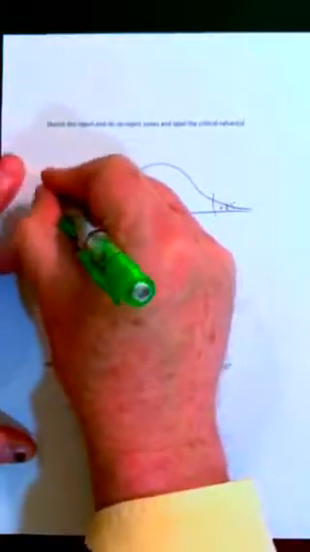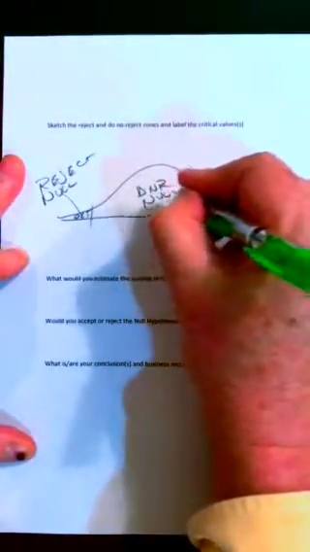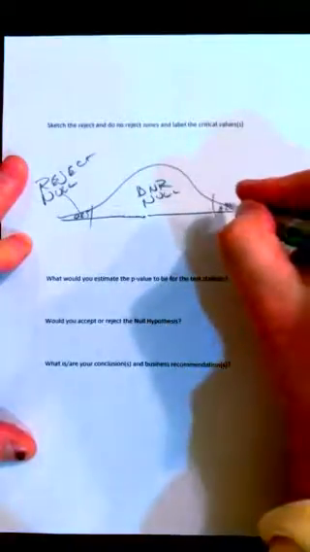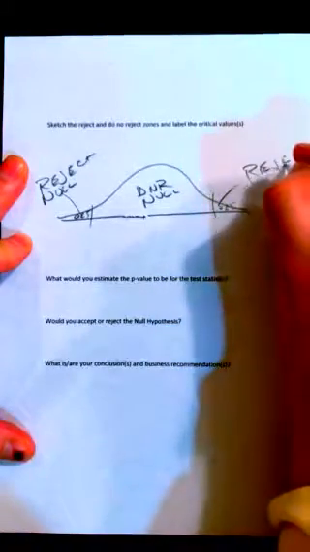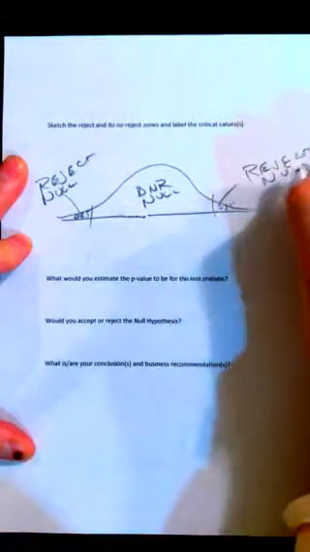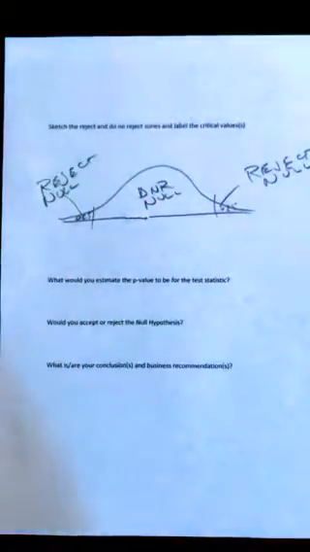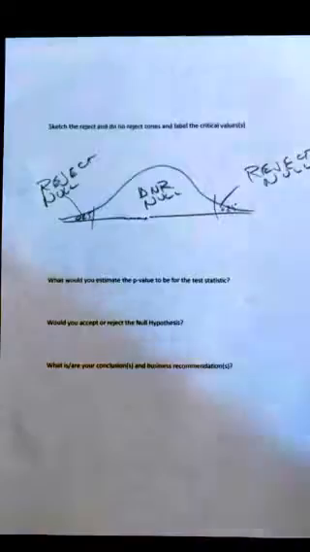So these are the reject the null, and this is do not reject the null. As before, there were two areas under that curve where you would reject the null. And if you do not reject the null, obviously there's no difference between the two means of 6.65 and 8.3.